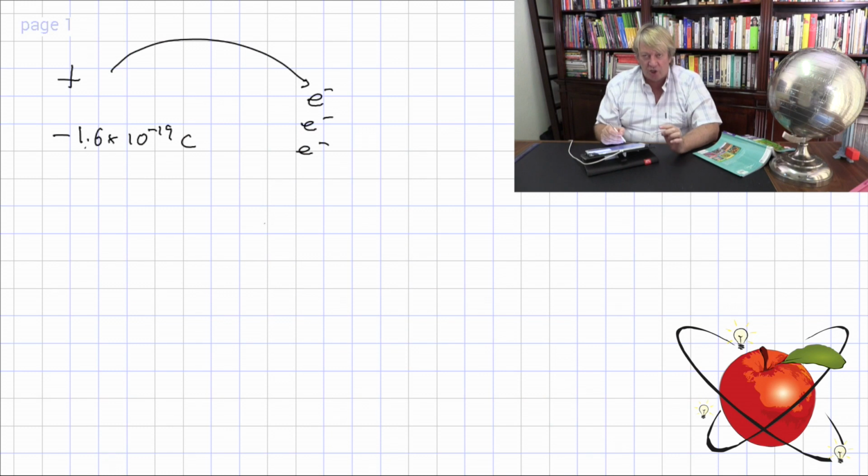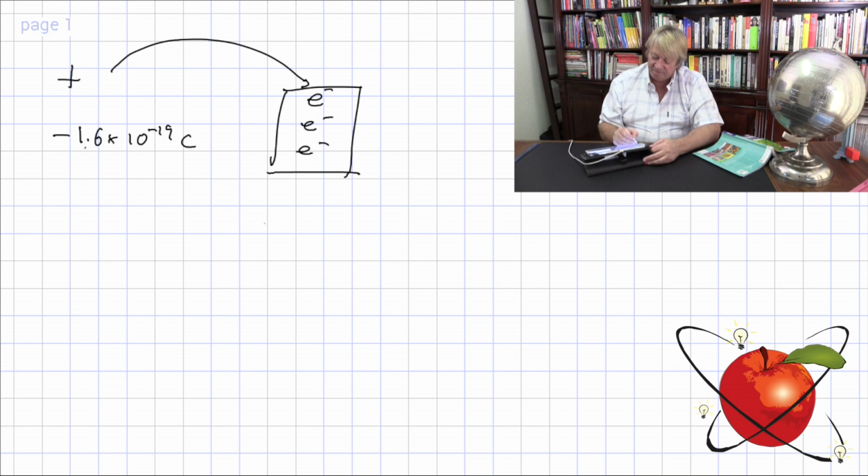And the total charge that we build up depends on how many electrons we've moved. So we could say the total charge that we put onto this element here is going to be 3 times minus 1.6 times 10 to the minus 19, and that's coulombs, isn't it?